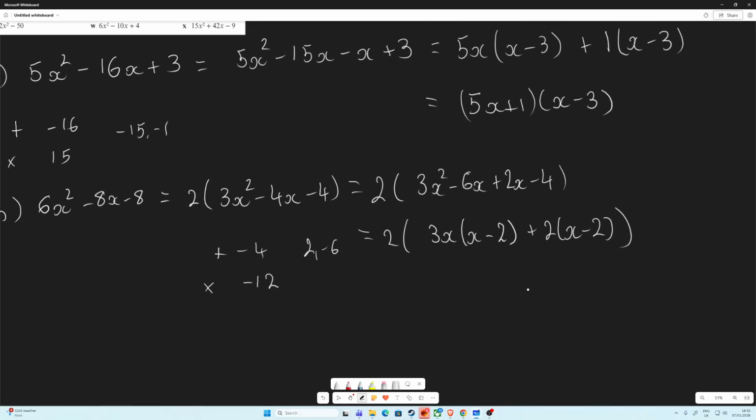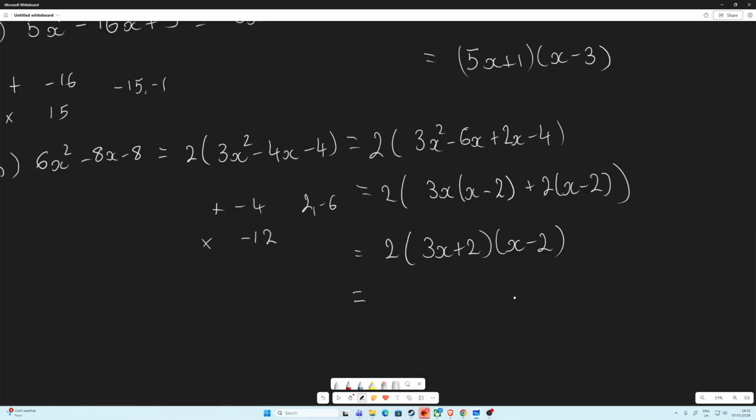So it will be equal to 2 times 3x plus 2 times x minus 2, and we could now distribute the 2 either way. So let's say it's 3x plus 2 times 2x minus 4.